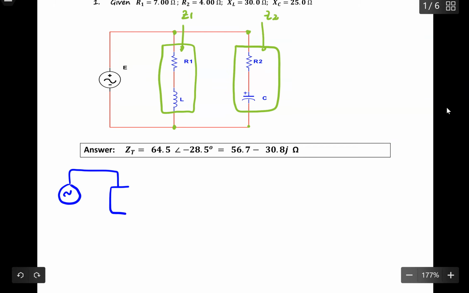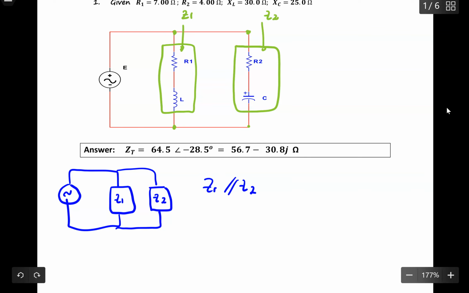Right here is my Z1, right here is my Z2. Now you realize that Z1 is actually parallel to Z2. Given that we know basic Ohm's law, basic Kirchhoff voltage law, and basic Kirchhoff current law, I can review a bit for everyone here.